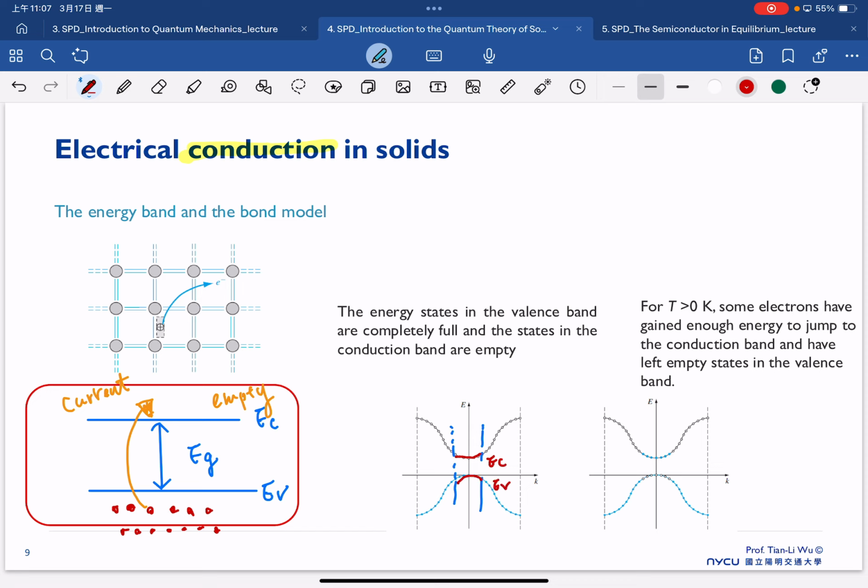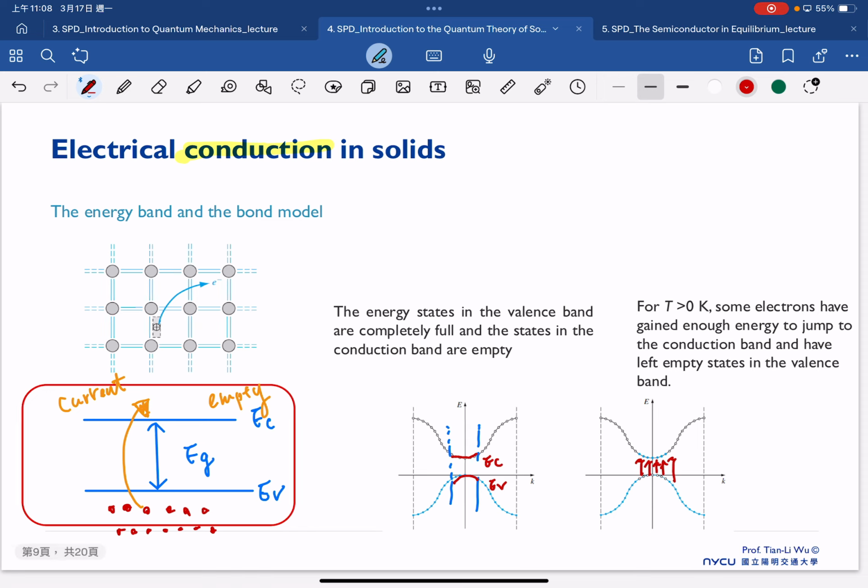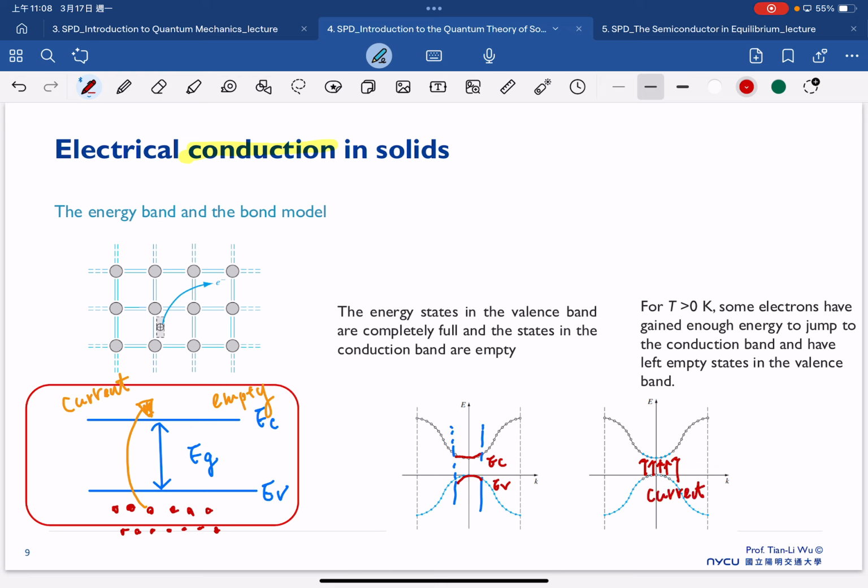Now, what we need for conduction is that the electron needs to cross from the bottom to the top, and in the end become the current.